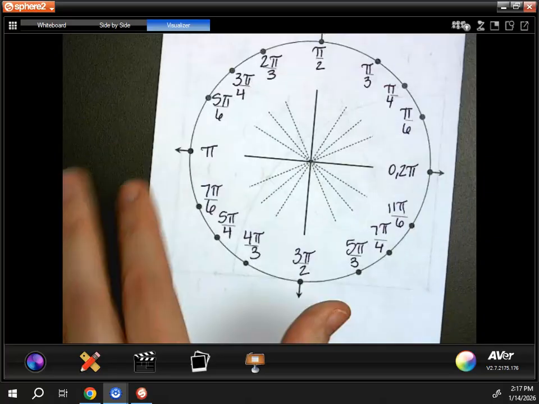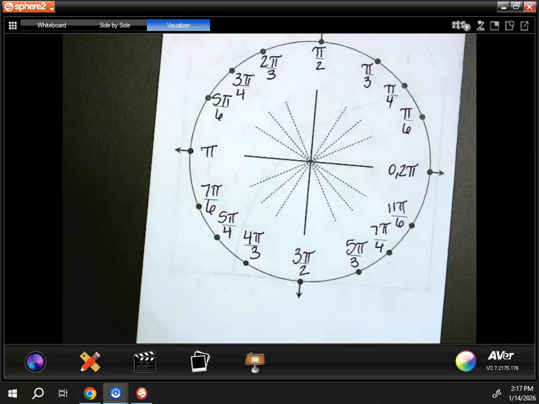Think about how to count from the horizontal axis. Don't let somebody look at your paper. Do the best you can. You can check yourself up there. Why aren't you filling anything in? You should know some of it from the other day and from what we just talked about.